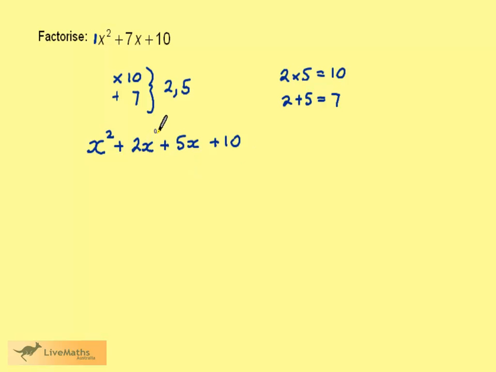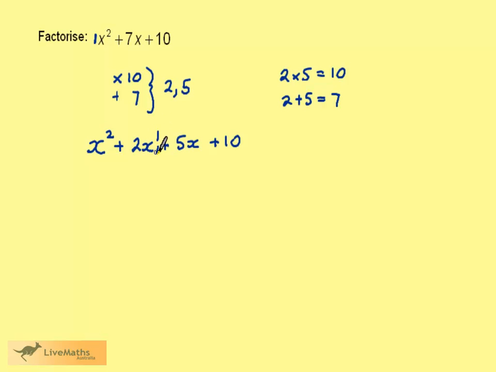It's also unimportant which order we write the 2x and 5x down in. We could just as easily have written x squared plus 5x plus 2x plus 10. It would have made no difference to our final answer.